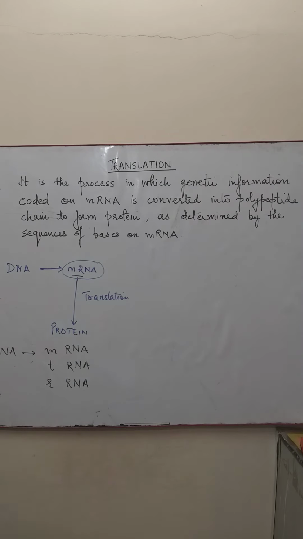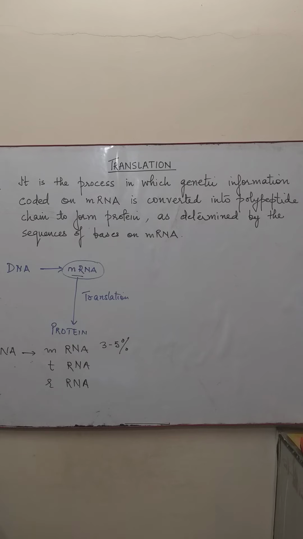And this mRNA forms around 3 to 5% of total cellular RNA. So the total cellular RNA, which is the total amount of RNA present in the cell, is formed only 3 to 5% by mRNA. And it is found on specific parts of DNA, that is the structural gene. So mRNA is found only on the structural gene part, and its sequence is complementary to that of the DNA.